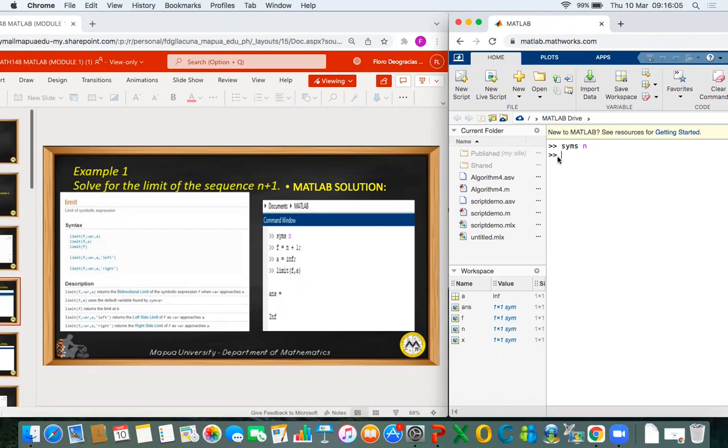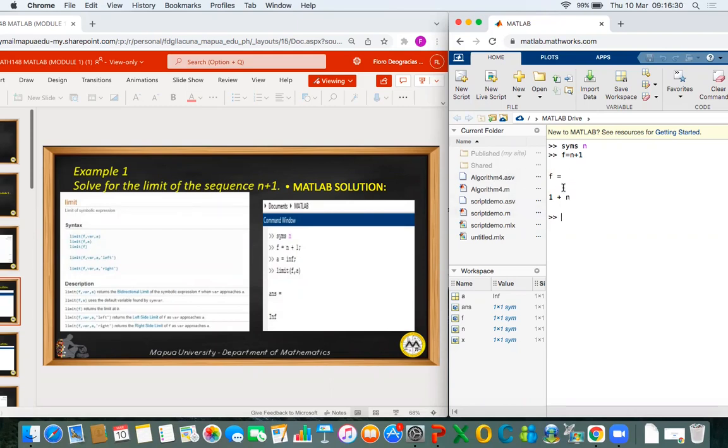Okay, then next you declare your function, which is n plus 1. We use a name for that. You can use f, or you can use any other letter. So we have f equals n plus 1. Then if you will not use the semicolon here, MATLAB will display the output.